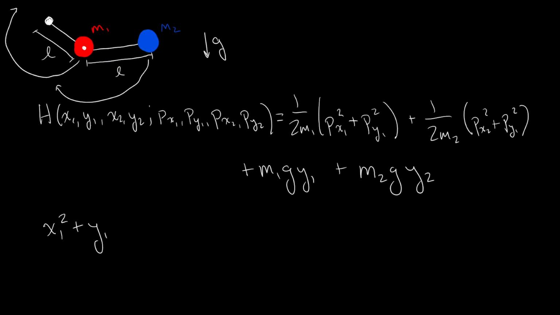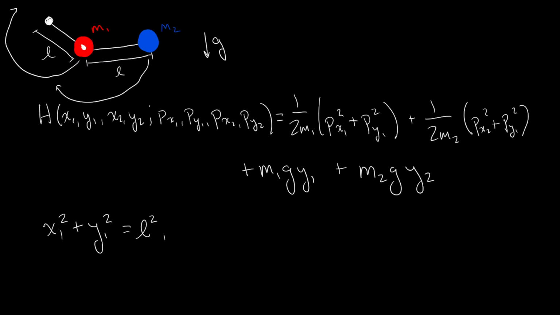This is just the equation of a circle centered at the origin with radius L. The second one's a little bit harder to see, but it comes from the fact that we are offsetting the origin of the M2 circle by the location of M1.